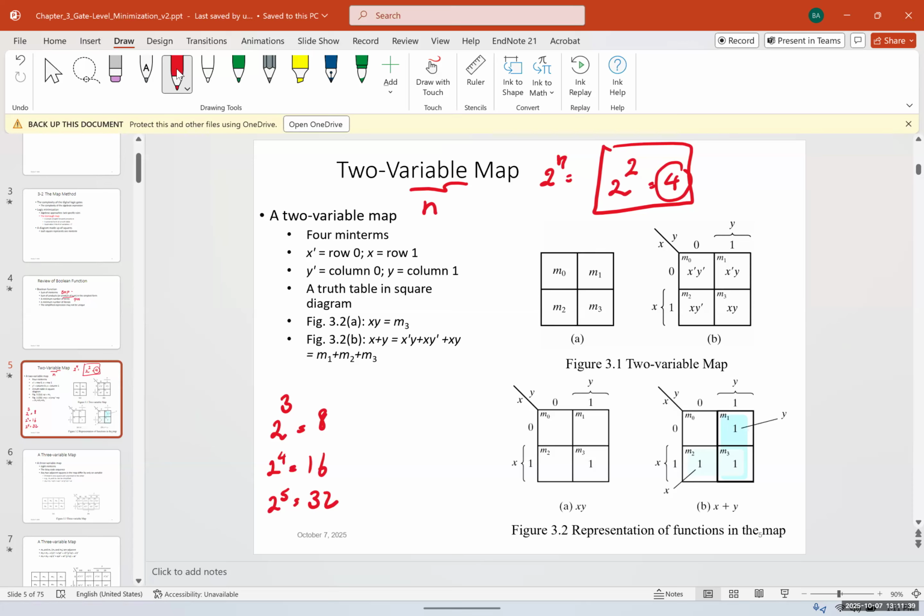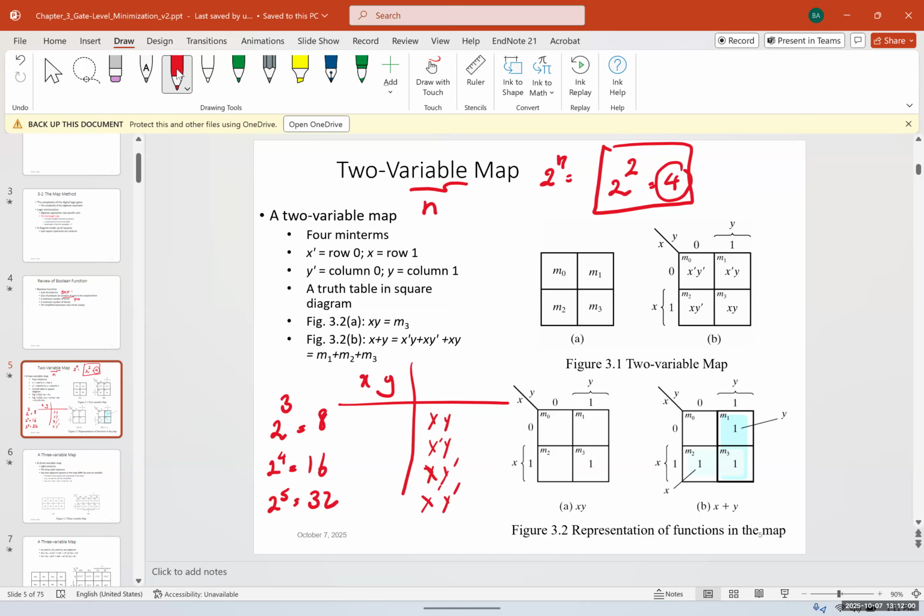Now, if I have 2 variables, x and y, the combinations would look like this. I would have xy, x prime y, x y prime, and x prime y prime.